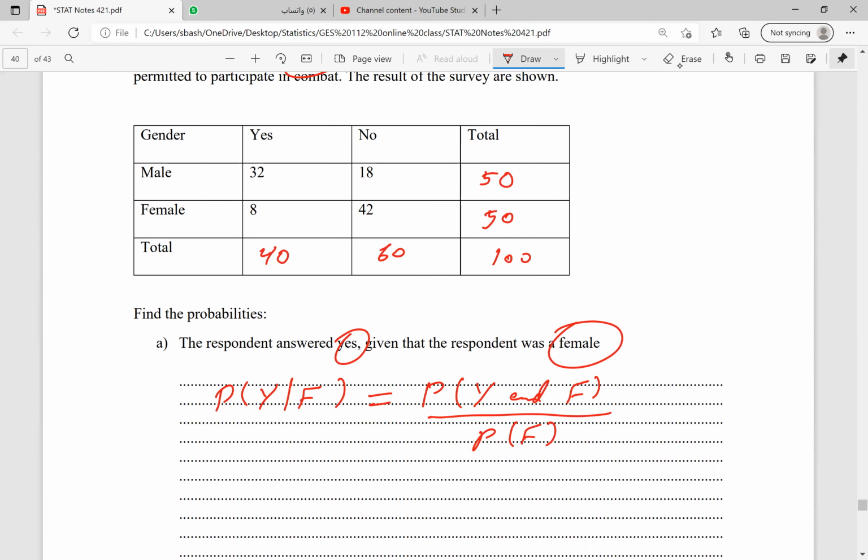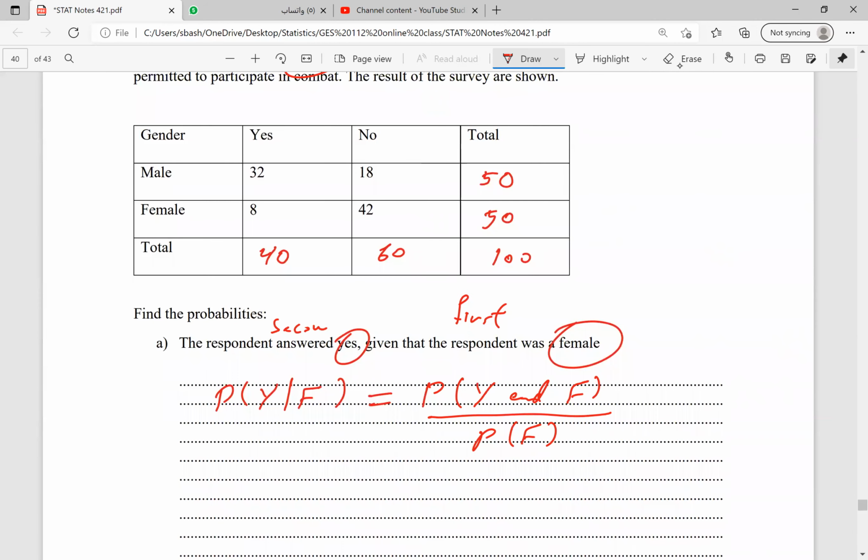This is conditional probability. I need to find yes in the second. When he said given that the respondent was a female, this is the first event, and this is the second. So it is P of yes given female equal to P of yes and female, meaning female and said yes, divided by the probability of the female in the forces.